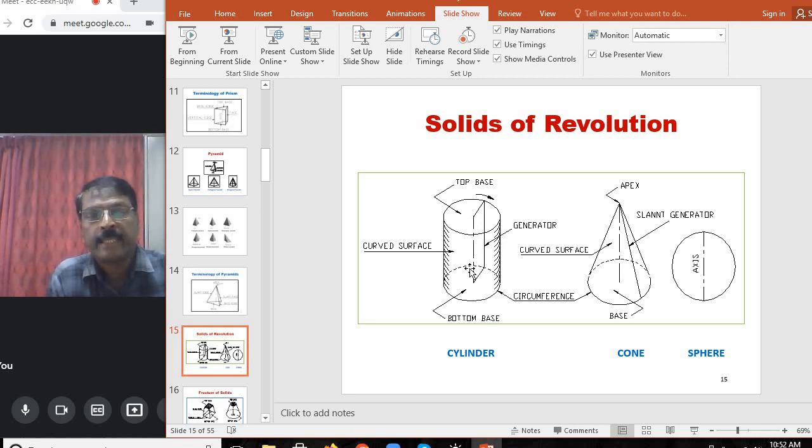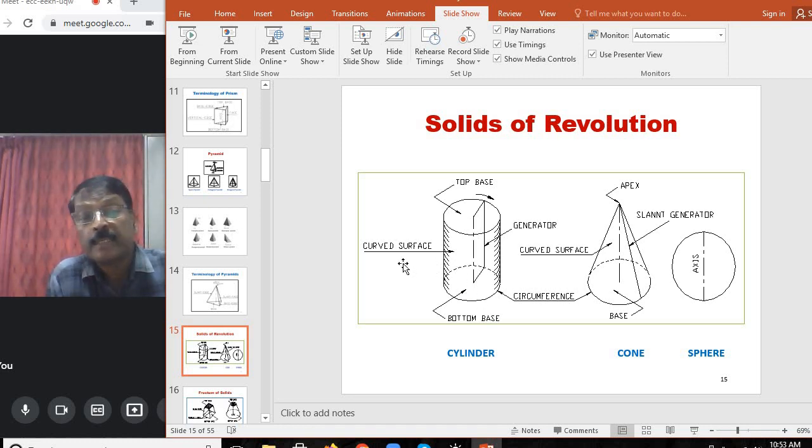We can consider the axis, a vertical line passing through the top base center and bottom base center, called axis, and a rectangle formed by this axis. When keeping the axis fixed and the rectangle is rotated, it will generate a cylinder. So cylinder is a solid of revolution generated by a rectangle rotating about one of its fixed vertical axis.